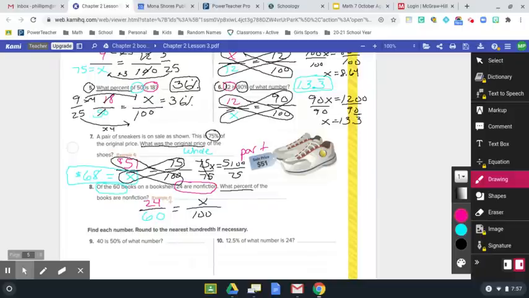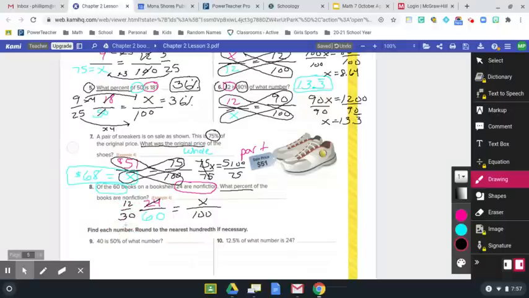Okay. So let's try simplifying this again. Let me think. Half of 24, if I divide by 2, I would get 12. If I divide 60 in half, I get 30.